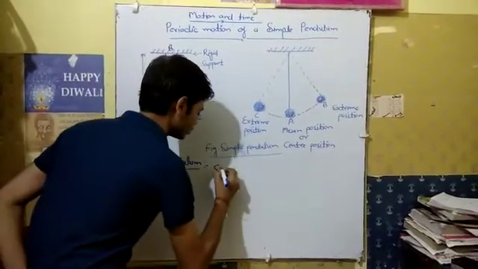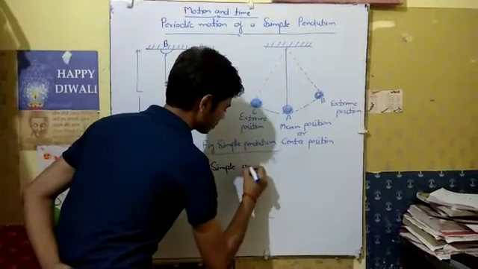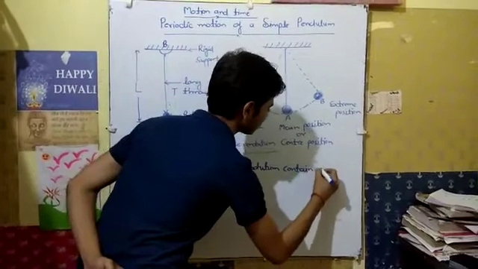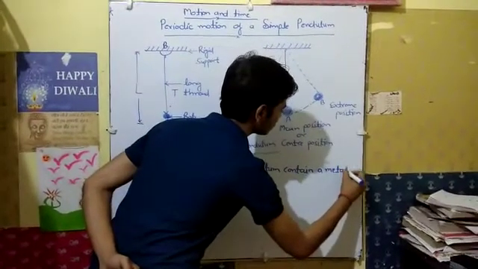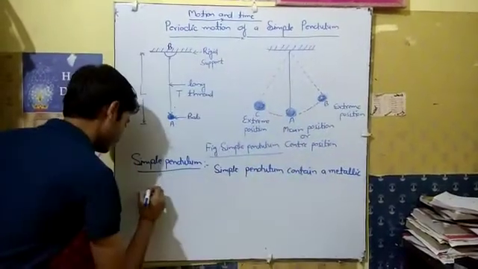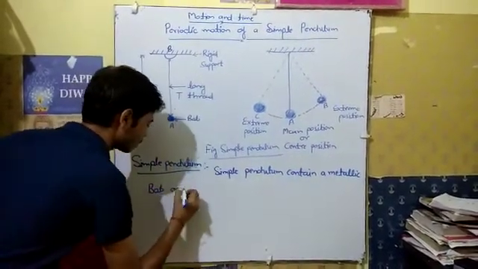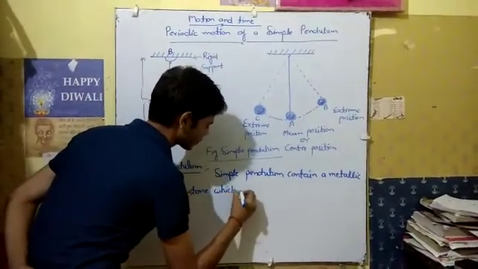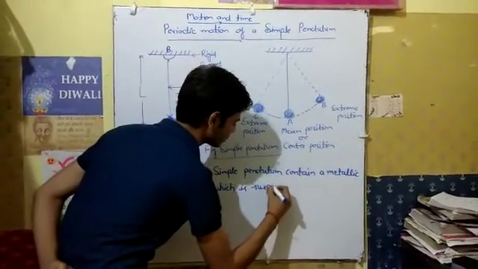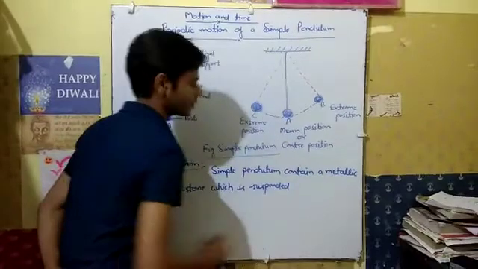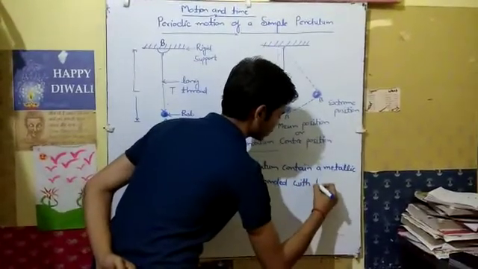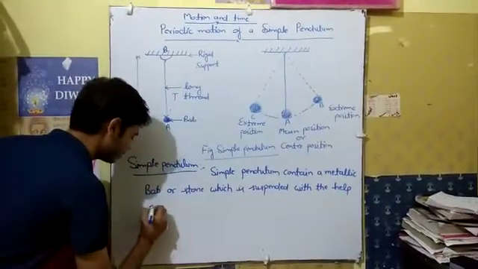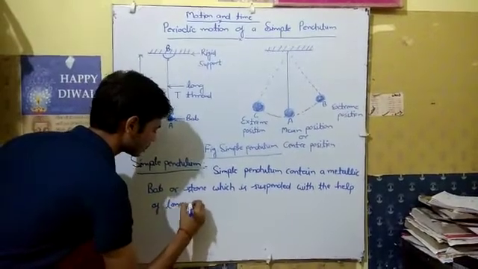A simple pendulum contains a metallic bob or stone which is suspended with the help of a long thread.